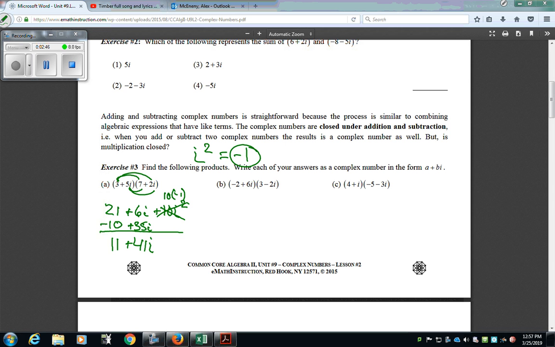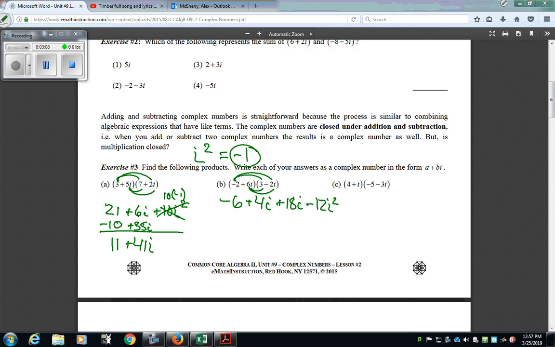So same thing, we look at B, we got negative 2 times 3, which is negative 6. Negative 2 times negative 2i would be positive 4i. I'm going to write these all horizontal. 6i and 3 would be 18i. And then 6i and negative 2i would be negative 12i squared. So again, i squared is negative 1.